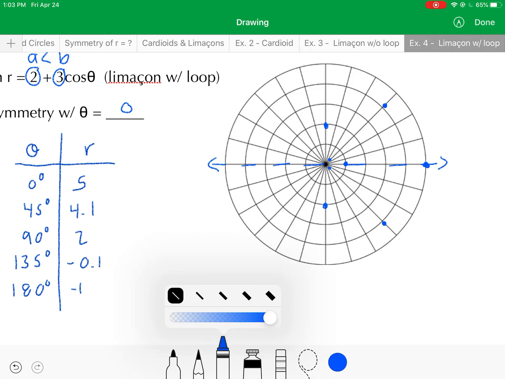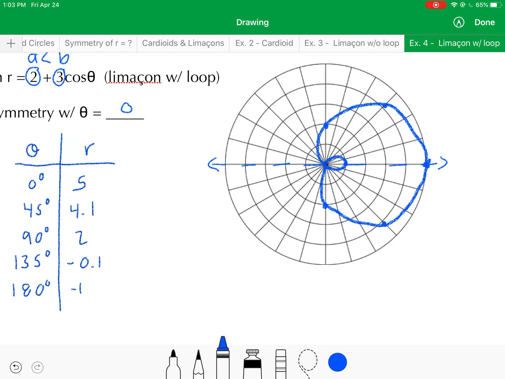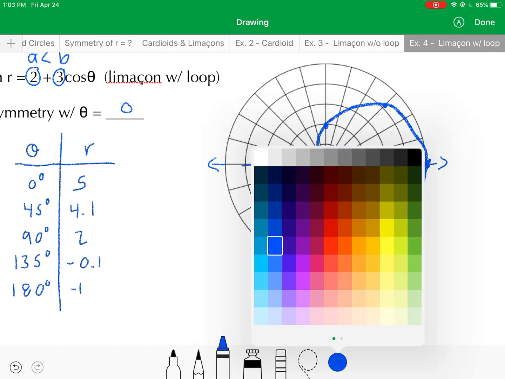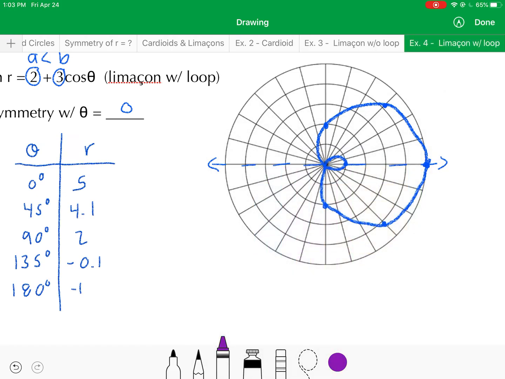Okay, now we can sketch this out. Starting at the positive polar axis. And there is my limacon with an inner loop. Once again, we want to notice the distance here is 5 units, which is the sum of my A and my B value.